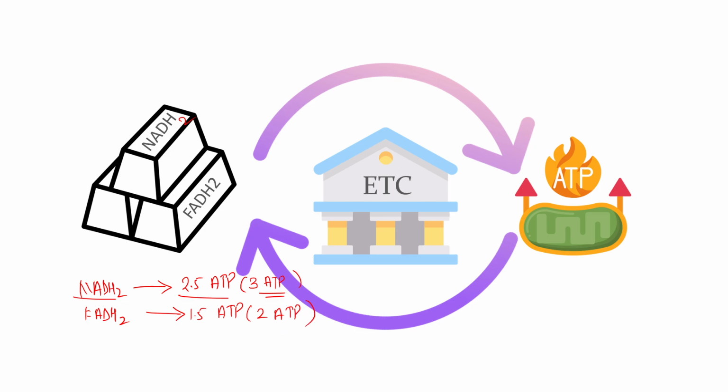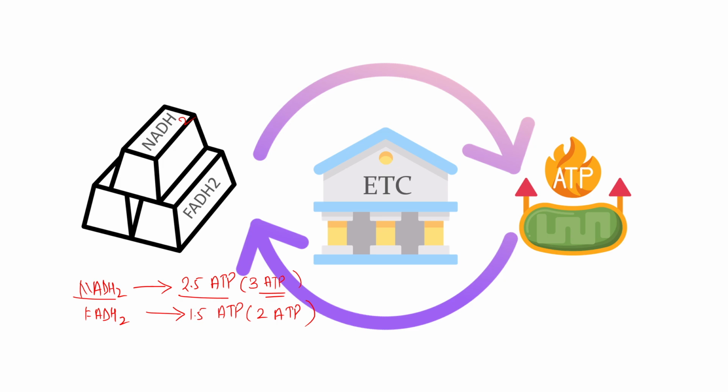So this is how the electron transport chain helps generate a massive amount of ATP out of these NADH2 and FADH2 molecules. By the end of this video, you will understand everything you need to know about the ETS, including how electrons are shuffled through the chain and how ATP synthesis works using a proton gradient.